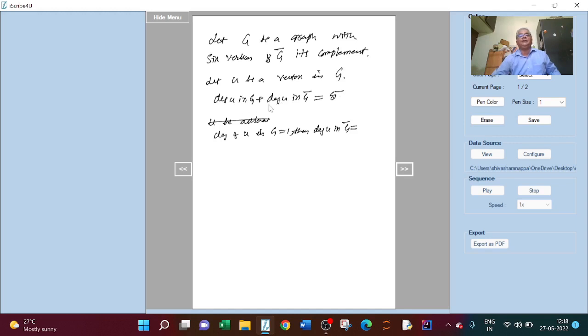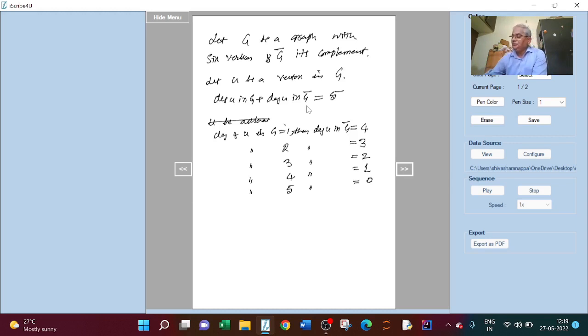If this is equal to 1, then the degree of U in G bar must be equal to 4. Suppose the degree of U in G is 2, then it is 3 in G bar. Suppose it is 3 in G, then it is 2 in G bar. Suppose the degree of U is 4, then here it is 1. Suppose the degree of U is 5, then here it is 0, because there are only 6 vertices.